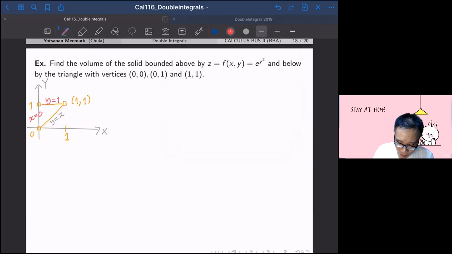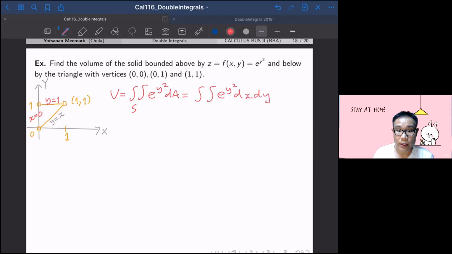You're going to have the volume equal to the double integral over S of e to the y squared dA. You just set up e to the y squared dx dy, and you set it up this way.